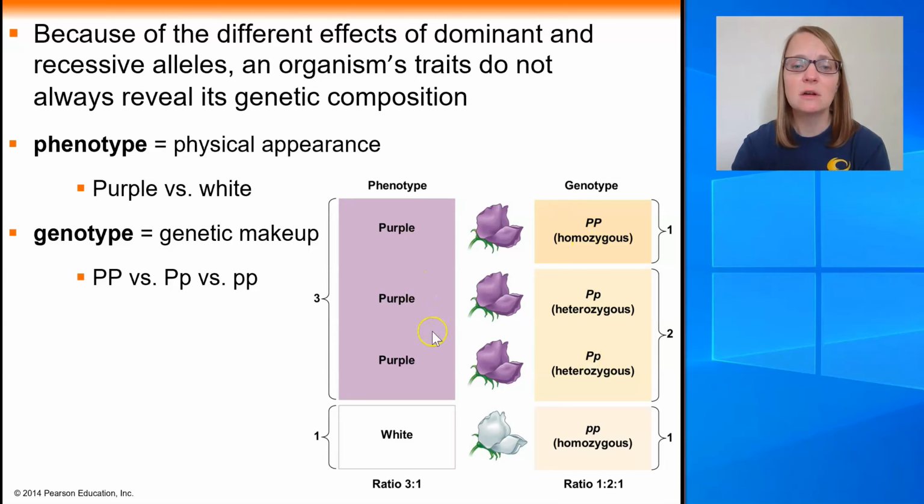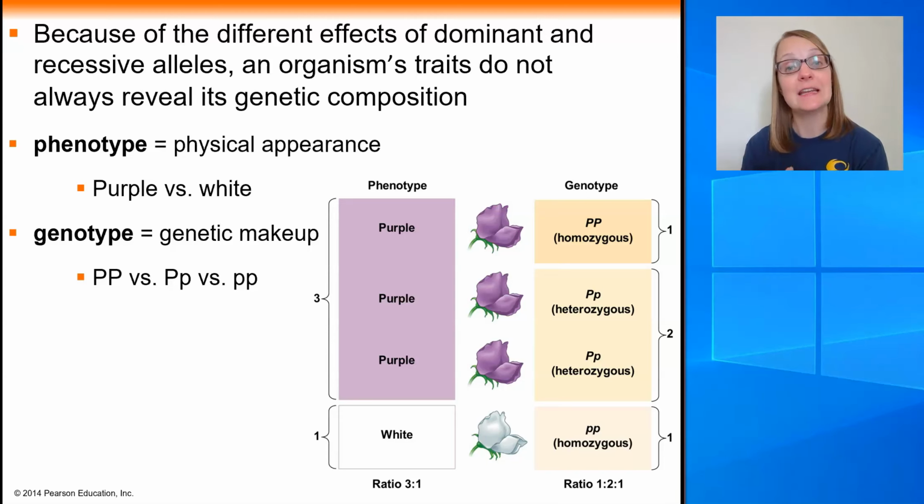If you were just to look at Mendel's purple flowers in that F2 generation, you wouldn't be able to tell which of the purple flowers were heterozygotes and which were actually homozygous dominant. So that begs the question, how did Mendel figure out at the very beginning which purple flowers to use in his parental generation cross?